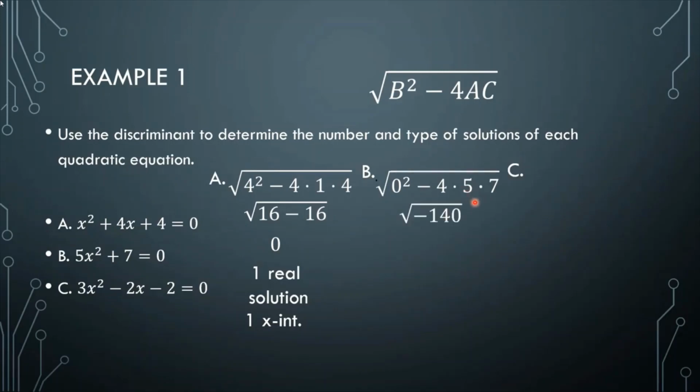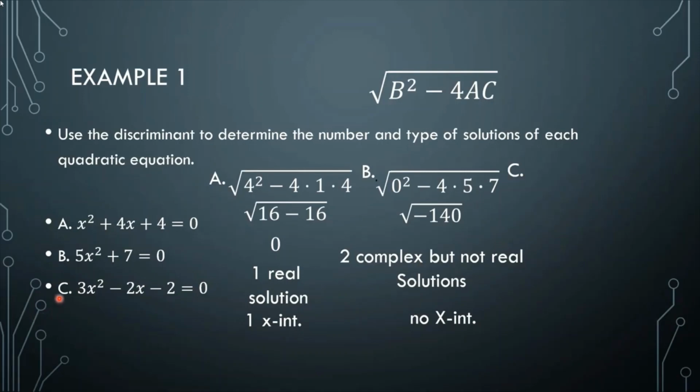So that's a negative 140. Notice we can stop there because this will give us not real solutions. So we know that it's going to be two complex but not real solutions. That will also tell us that there's no x-intercepts when it comes to graphing.